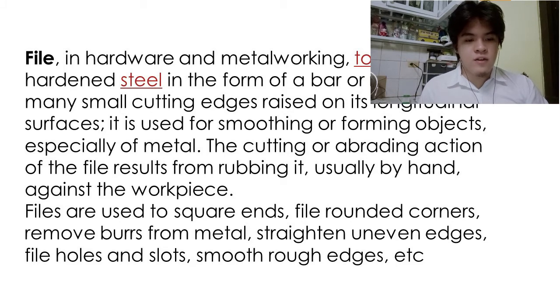In using a file, it is usually used by hand, with a back and forth action, rubbing it on the workpiece in order to use its function. Files are used to square ends, file rounded corners, remove burrs from metal, straighten uneven edges, file holes and slots, smooth curved edges, and so on.